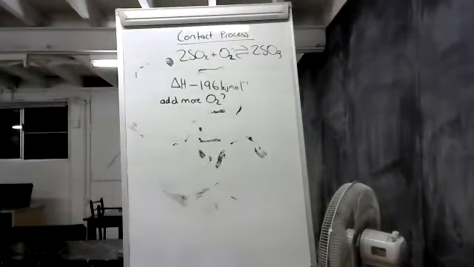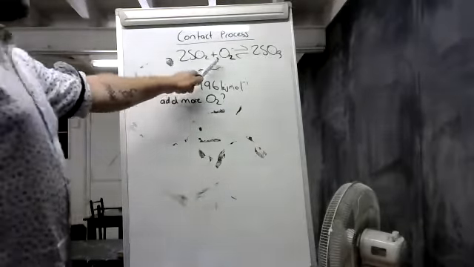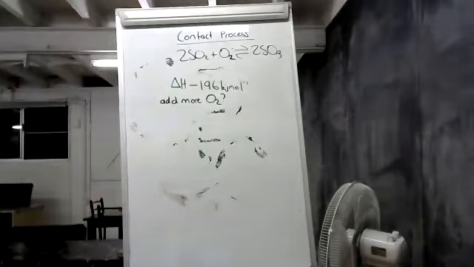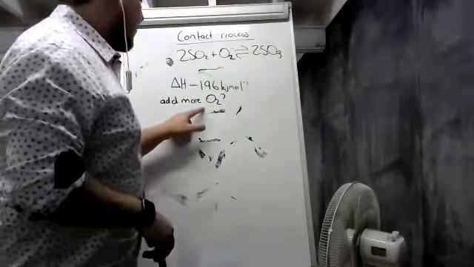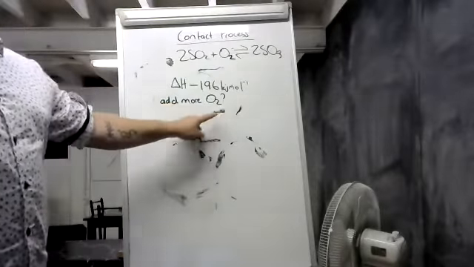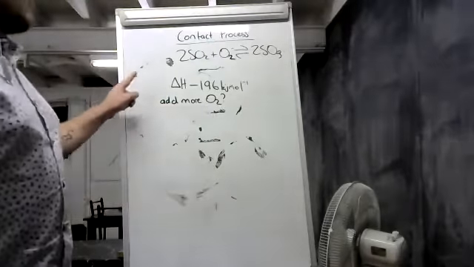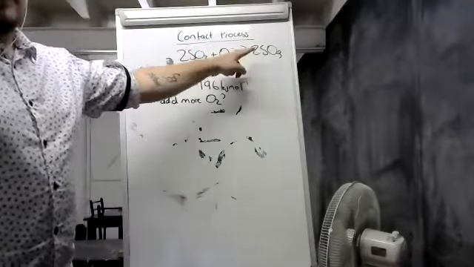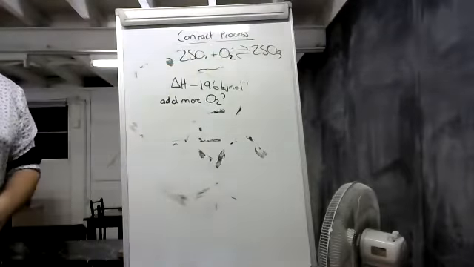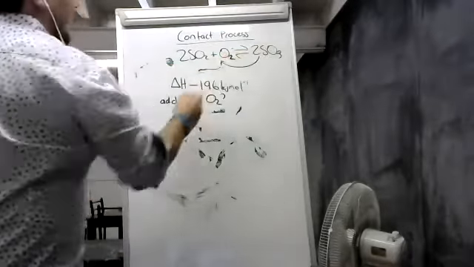Now, who remembers the collision theory of reactions? So in order for the SO2 and O2 to react, they have to find each other and crash into each other under the right conditions. If you add more O2, it will push towards the right until you add too much, then it actually sends the reaction the other way.